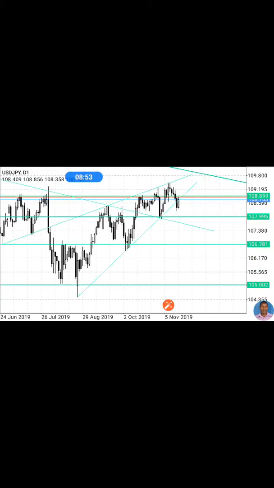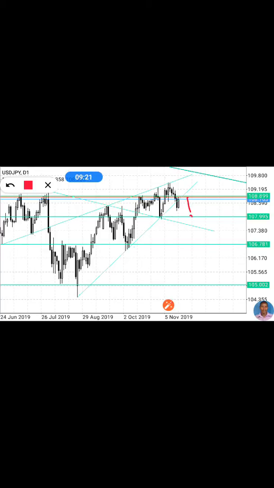So what are we going to expect next week on this narrow wedge? I'm expecting this price to fall from this point. If this is a retest, I'm going to expect a fall from this point and back to the first horizontal line, which is this one.